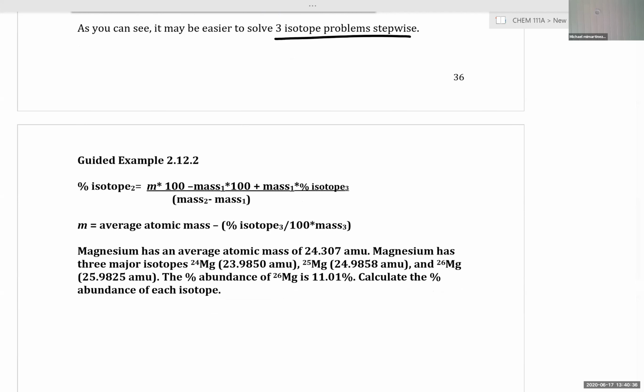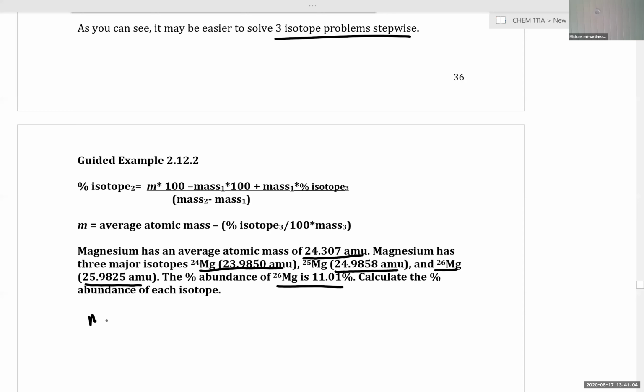So let's suppose we're dealing with magnesium, which has 3 unique isotopes. We know the average atomic mass of magnesium is 24.307, and we know the mass of our 3 isotopes, magnesium 24, 25, and 26. We're also given the percent abundance of magnesium 26 as 11.01.